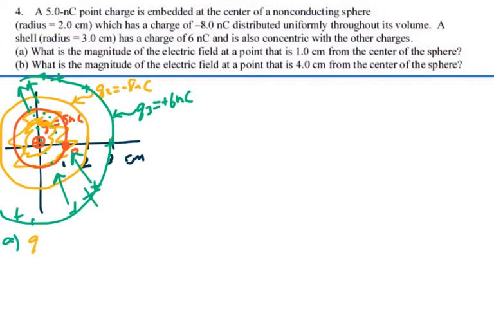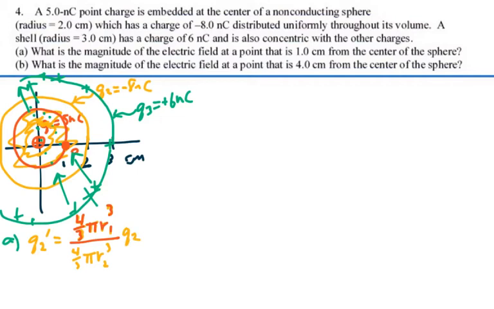Let's call it Q2 prime. And it's going to be equal to 4/3 pi R1 cubed divided by the 4/3 pi R2 cubed of the Q2 surface itself times the charge Q2.